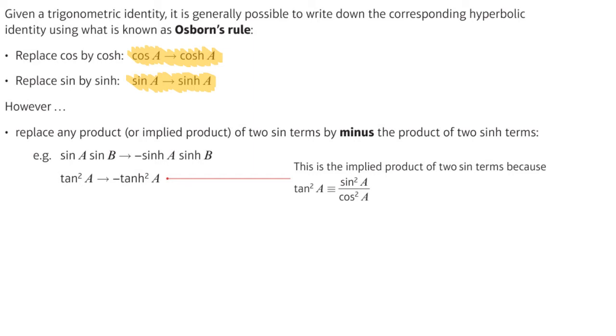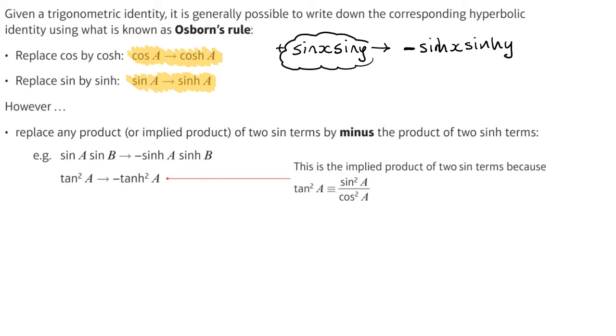So for example, if I saw sin x sin y, okay, well I can put sinh x sinh y, but I need to put a negative here if that was a plus, because this bit here is a product of sines.